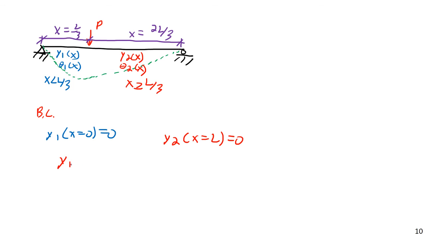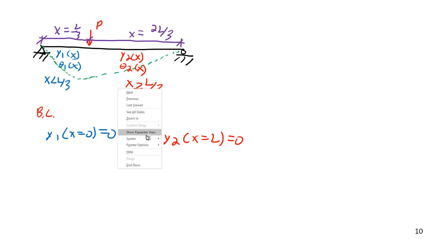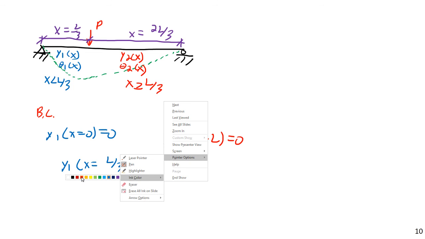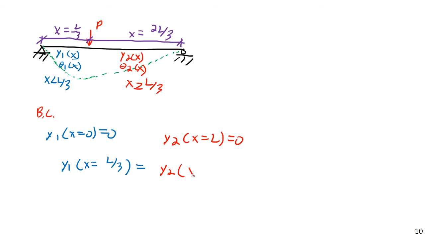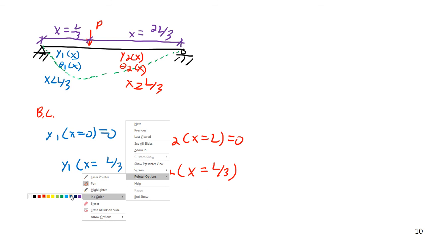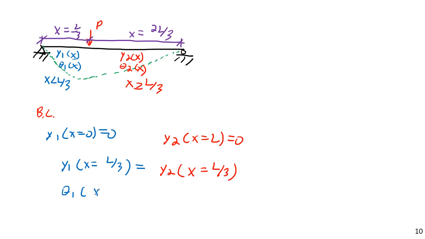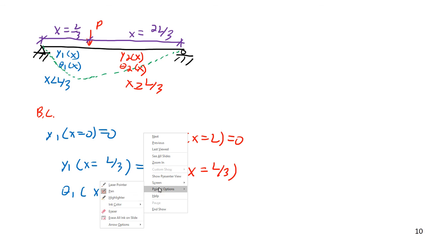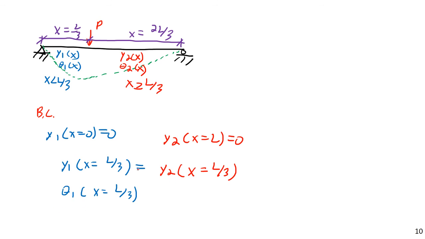We need more boundary conditions than just these two, and we get them from compatibility. y1 at x equals L over 3 is equal to y2 at x equals L over 3, and then theta1 at x equals L over 3 is equal to theta2 at x equals L over 3.